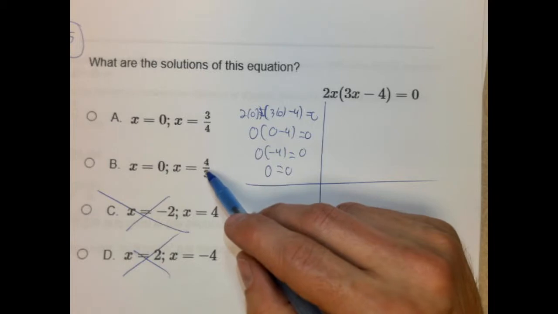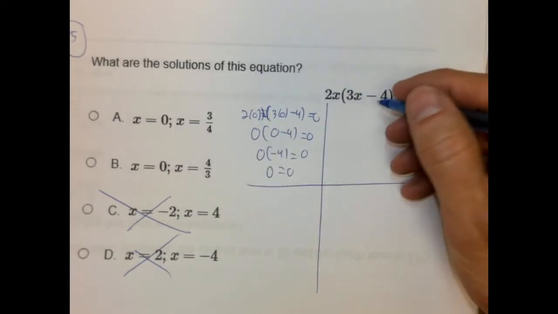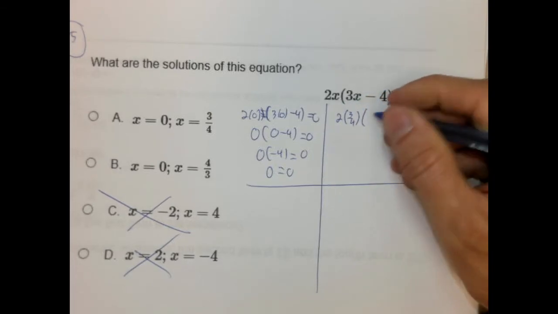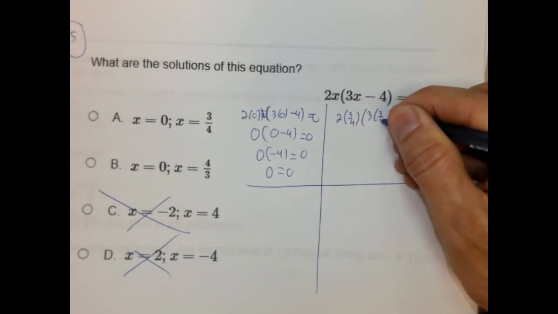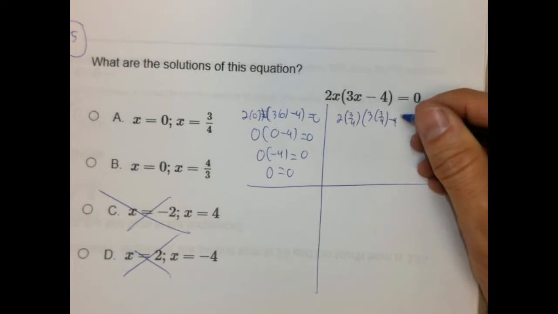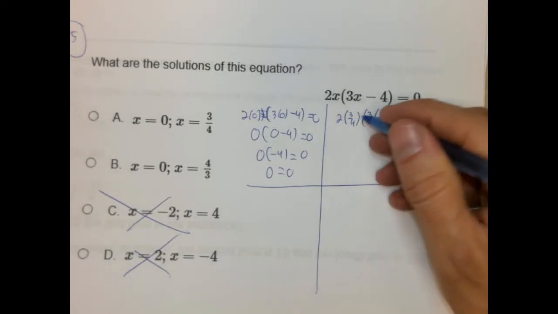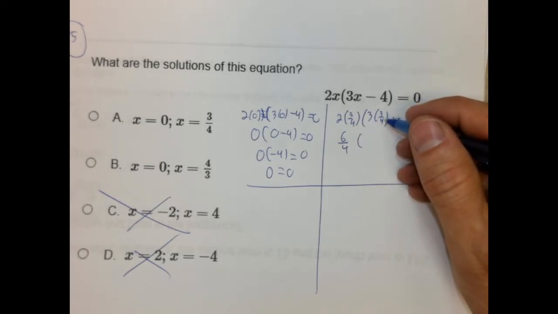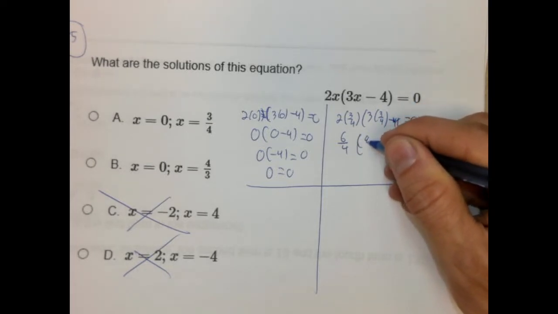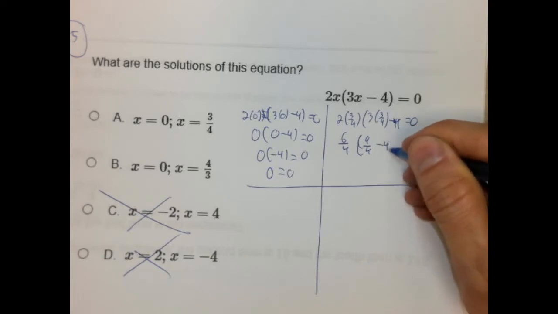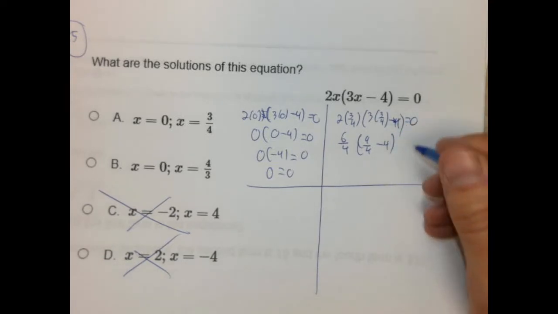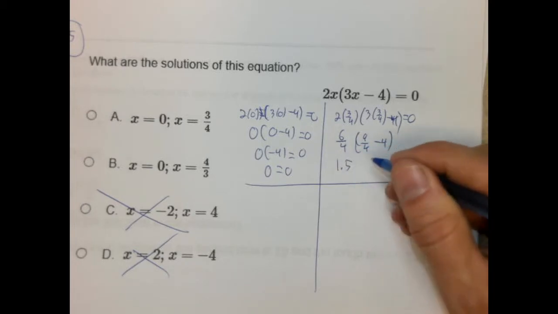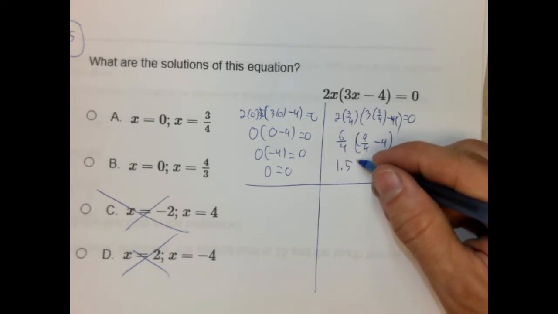One of these is 3/4, one of these is 4/3. Let's plug in 3/4. So 2 times 3/4 times 3 times 3/4 minus 4 equals 0. 2 times 3/4 would be 6/4, and this would equal 9/4 minus 4. 6/4 is just 1 1/2, and 9/4 is 2 1/4.